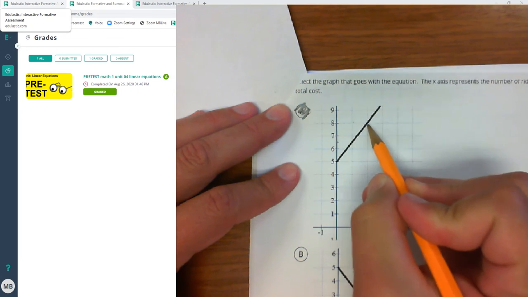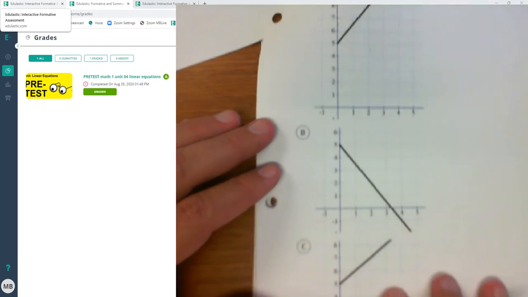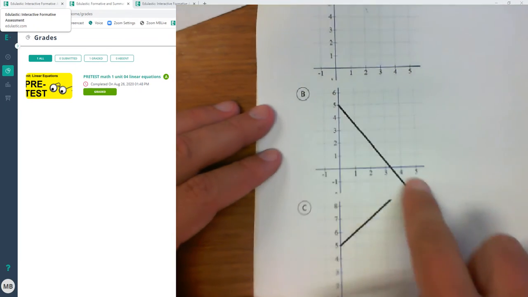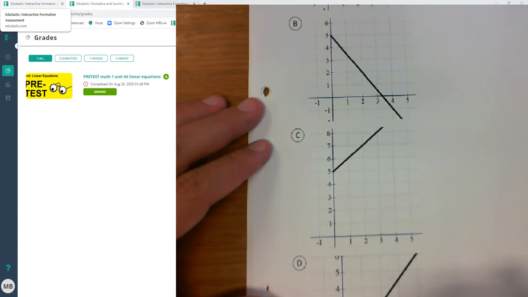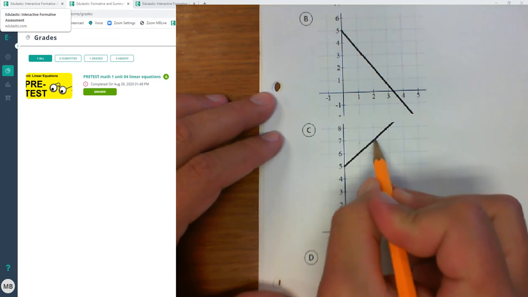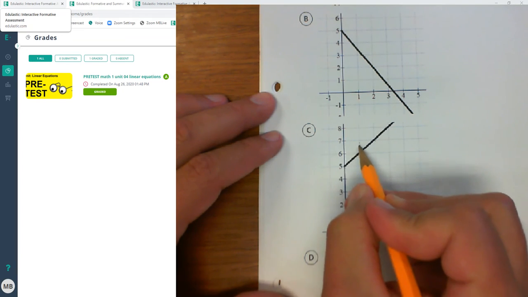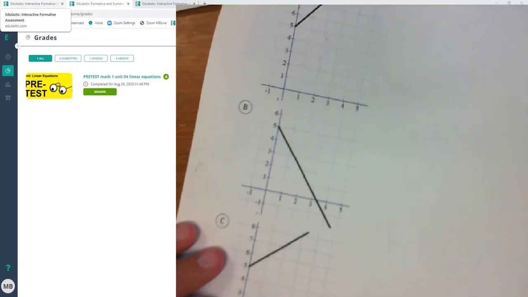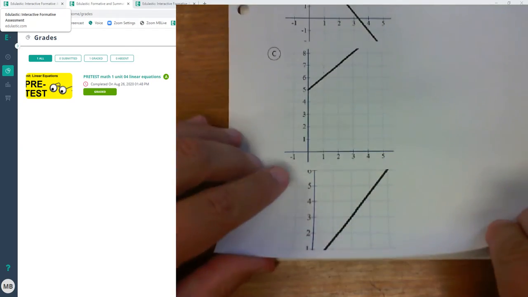So this is the graph that matches up. This negative graph doesn't make any sense. This one, I start at 5, but I'm going up 1 over 1. I need to go up 1.5 over 1. And graph D doesn't make any sense because it starts at 0, 0.